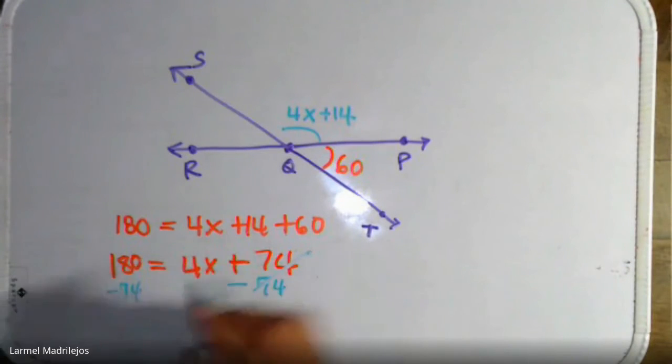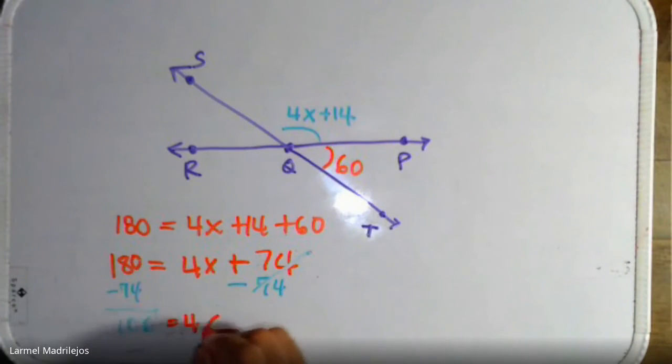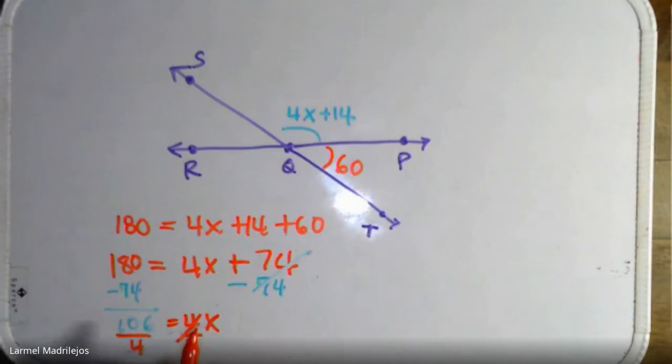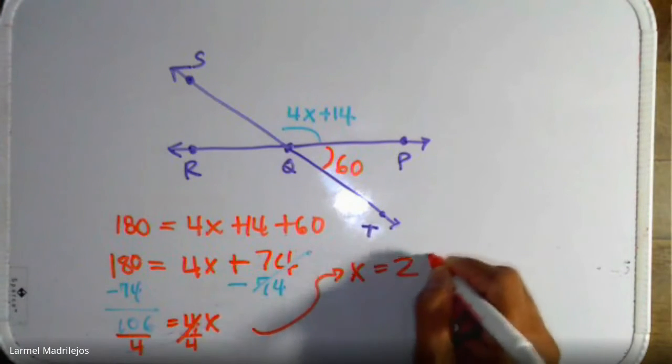If I subtract that, this gives me 106 equals 4x. Now I'm going to cancel the 4. The opposite of multiplying is dividing, so divide by 4 on both sides. 106 divided by 4 is 26.5. So x here is 26.5.